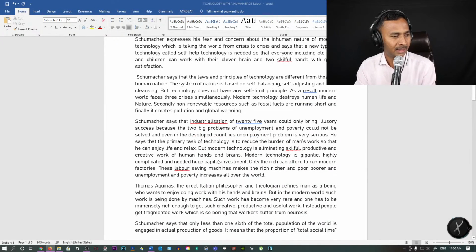Schumacher says that industrialization of 25 years could only bring illusory success because of the two big problems of unemployment and poverty. Now, keep in mind, he is not a scientist, he is an economist, and he is talking about this entire situation of technology from his own economic point of view.